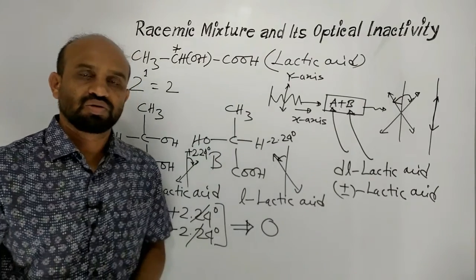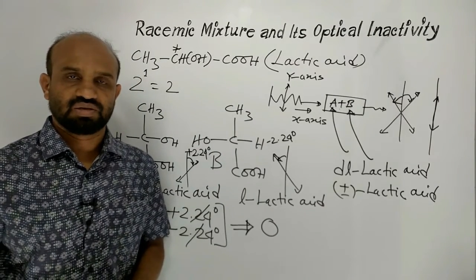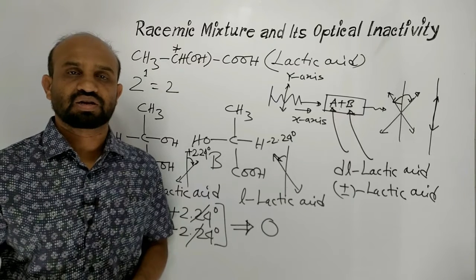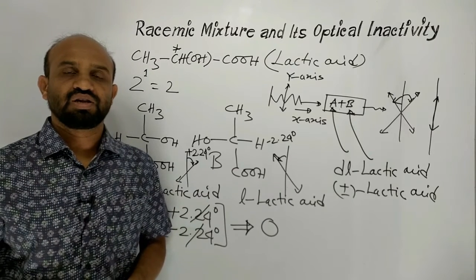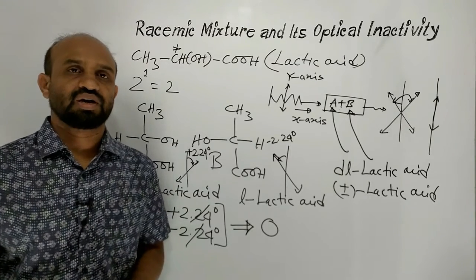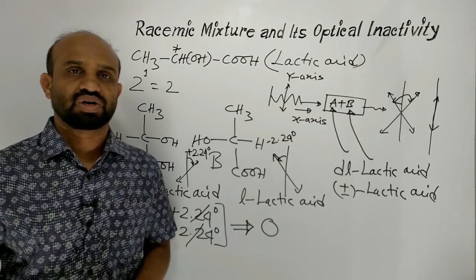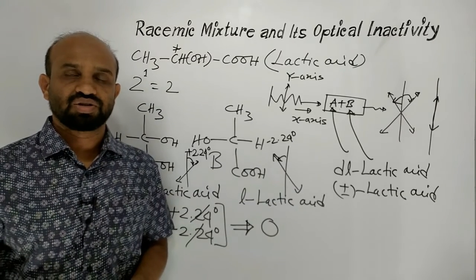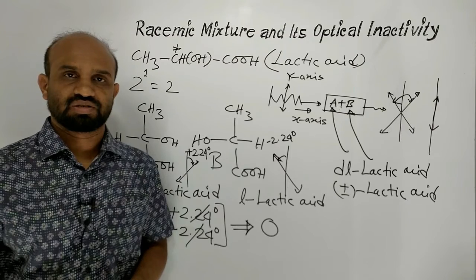That is, no rotation happens. Racemic mixture acts as an optically inactive substance, an optically inactive mixture. This is called racemic mixture, and this total process is known as racemization. Racemic mixture is also called racemates.